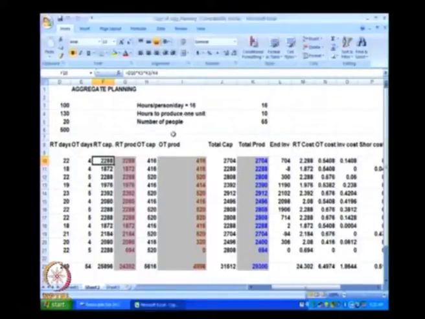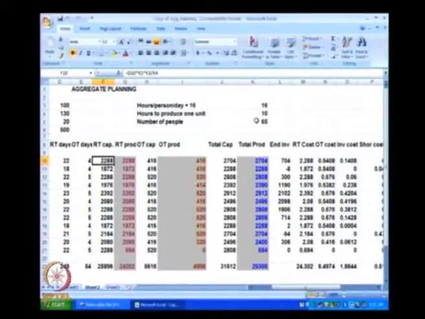Now the next question is, now the 104 comes out of this 65, which is the number of people who are working. Now can we increase the number of people working in different months so that the regular time production capacity and the overtime production capacity can also vary? The question is it going to be 104 per day right through the planning period, or can we increase or decrease that 104 by varying the number of people at our disposal?